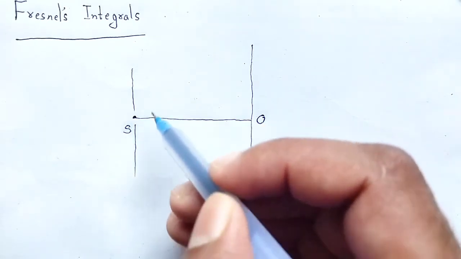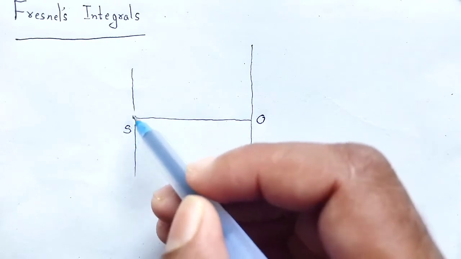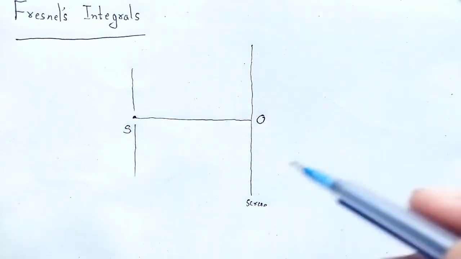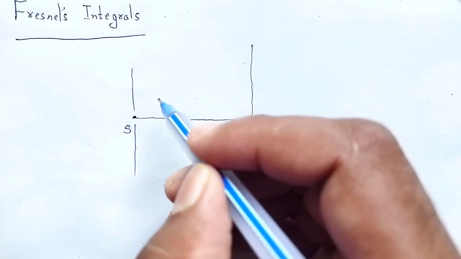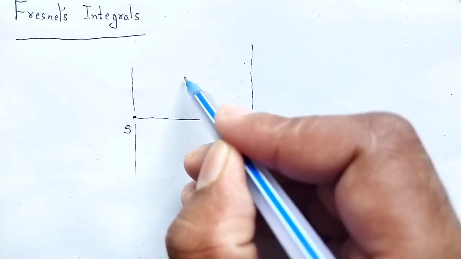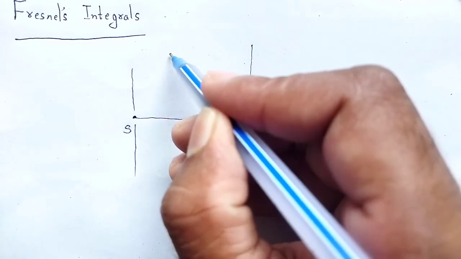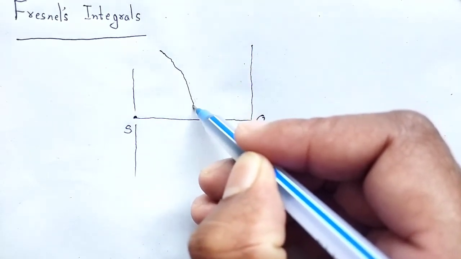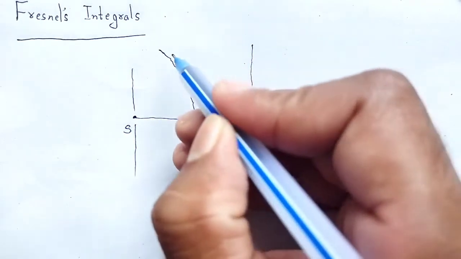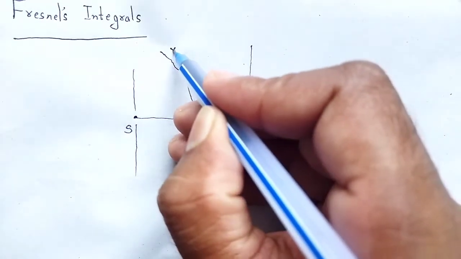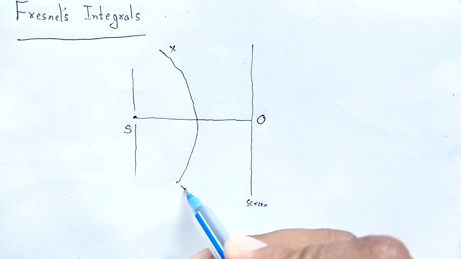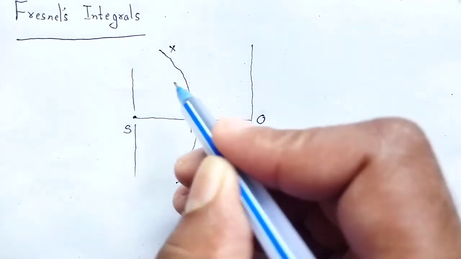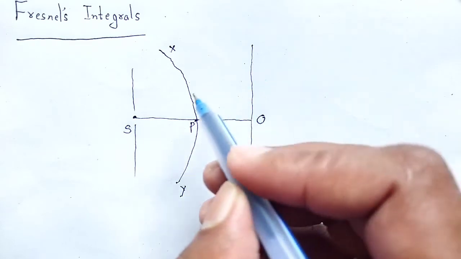Let the wavefront starting from point S be a spherical wavefront. Let X, Y and P be the pole of that spherical wavefront.